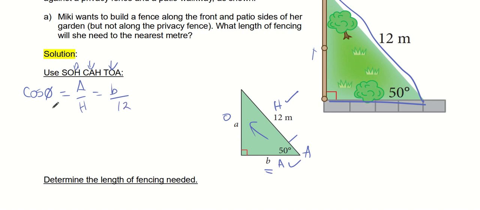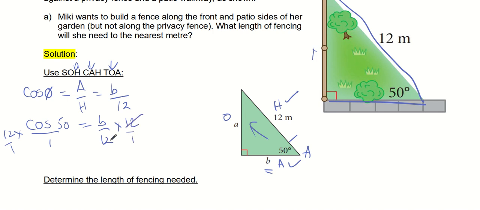12 meters, right? Let me rewrite this so it's a little easier to see. So cos, and the angle is already given to us, which is 50, equals B over 12. Cos 50 is really over 1, and if you want to find B, use a little algebra. I'm going to multiply this side by 12 and this side by 12, or more accurately 12 over 1, because 12 over 1 is the same thing as 12.